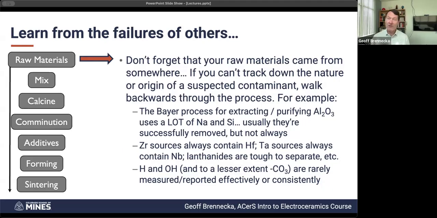So, for example, if you're using alumina that comes from the Bayer process, it had a lot of sodium and silica in there. Usually, those are fairly easy to get rid of, but not always. Titania is always contaminated with zirconia, with hafnium, with iron. Zirconium and hafnium are really, really hard to separate from one another. Tantalum, always very hard to separate from niobium.